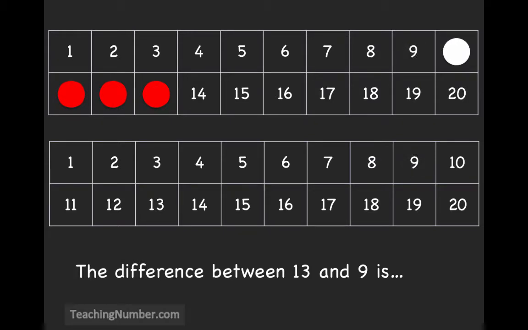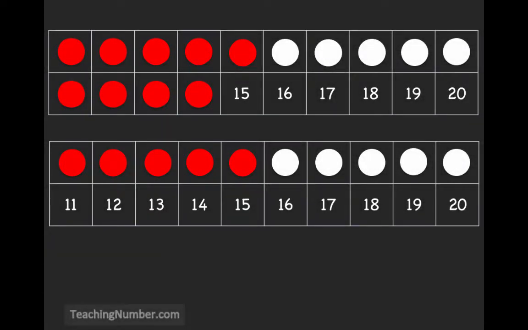And we can see that we are left with 1 and 3, so the difference between 13 and 9 is 4. Again, we need this 1 to get from 9 to 10, and these 3 to get from 10 to 13.